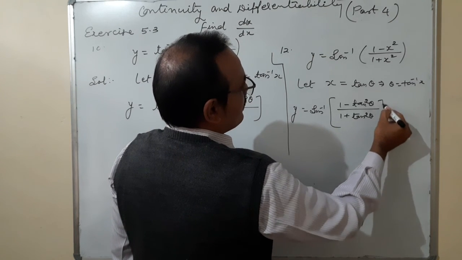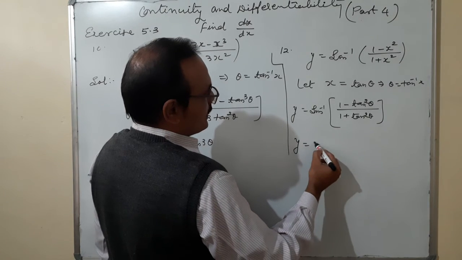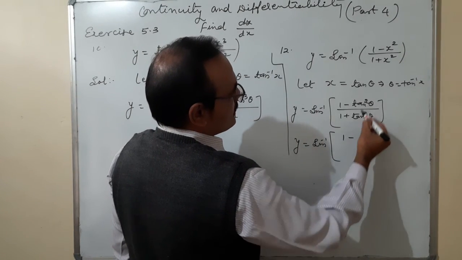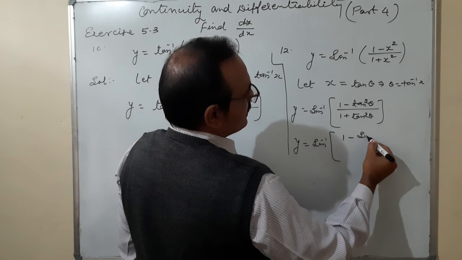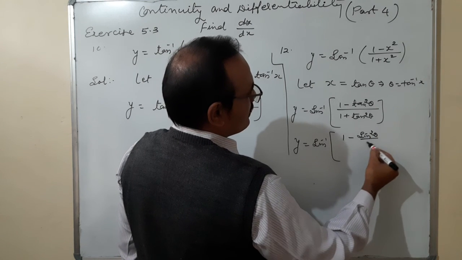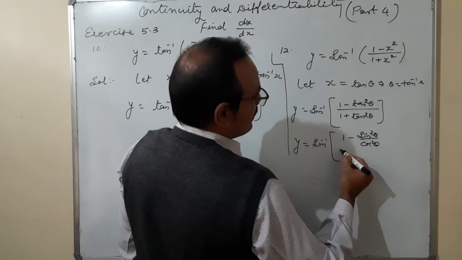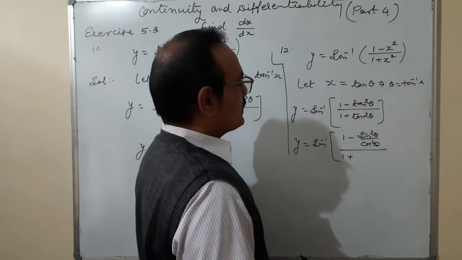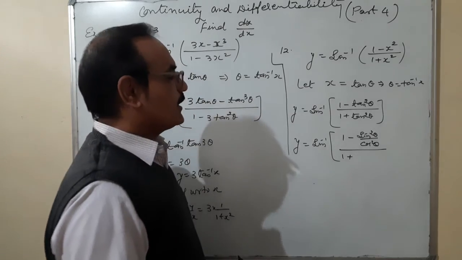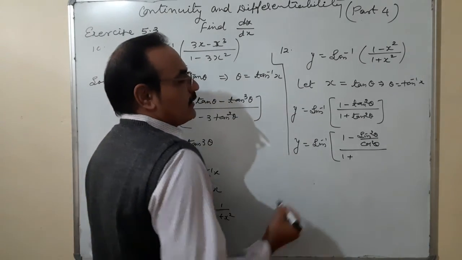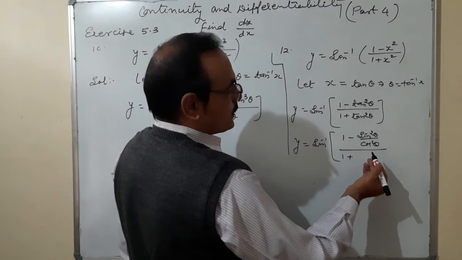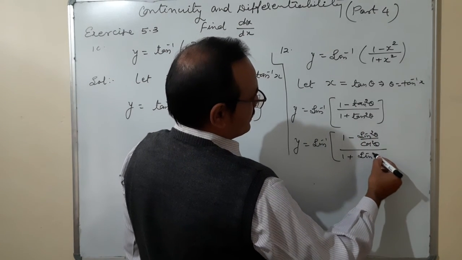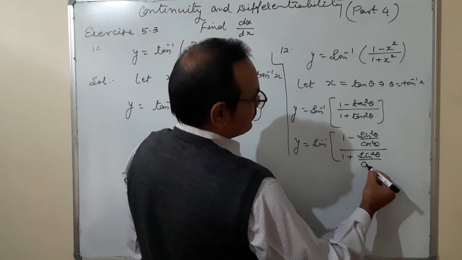Y is equal to sine inverse of 1 minus tan square, that is sine square theta upon cos square theta, upon 1 plus tan square theta. And 1 plus tan square theta, I may write here sec square theta, or I can change into the form of sine square and cos square, because the numerator is also in the same form.